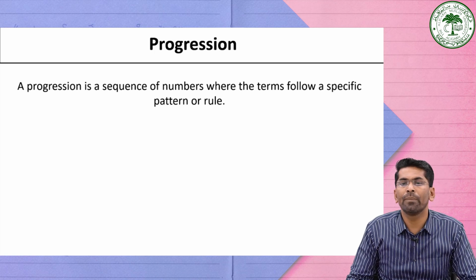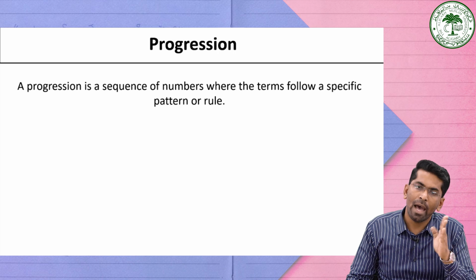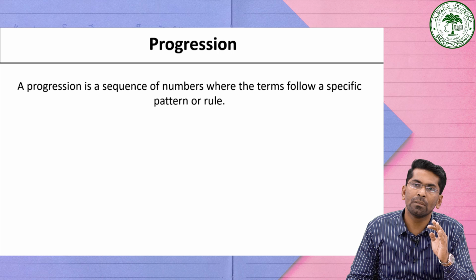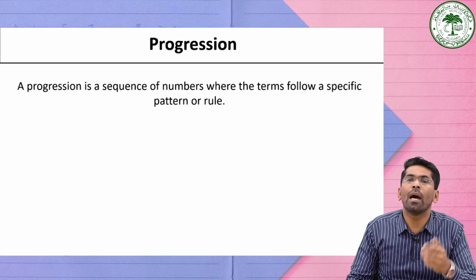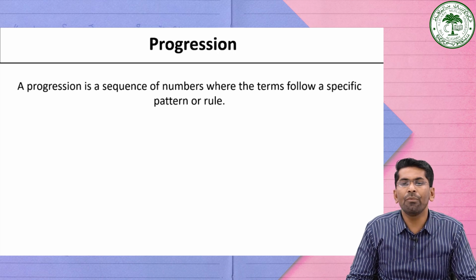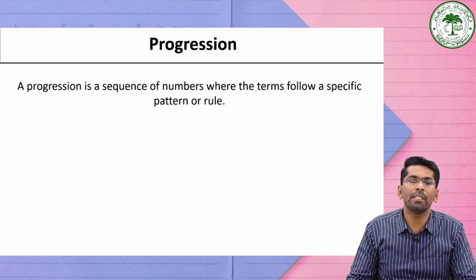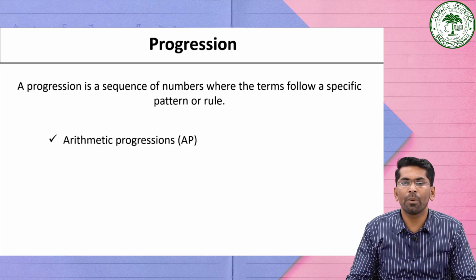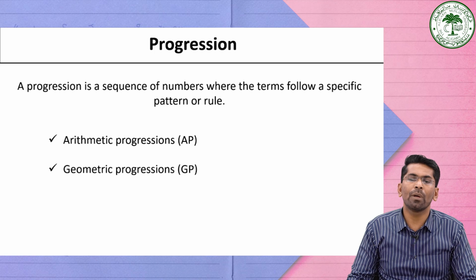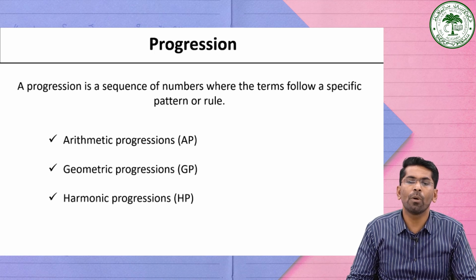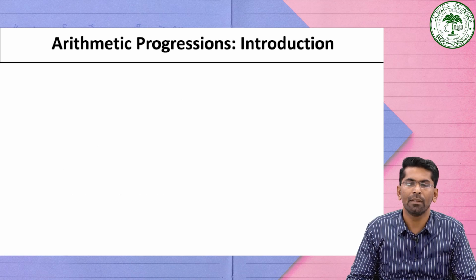So in a progression, each term is related to the previous term in a consistent manner, either in terms of addition or multiplication or maybe based upon some other rules. There are different types of progression, such as arithmetic progression, geometric progression, harmonic progression, etc. In this lecture, we are mainly focusing on the arithmetic progression.